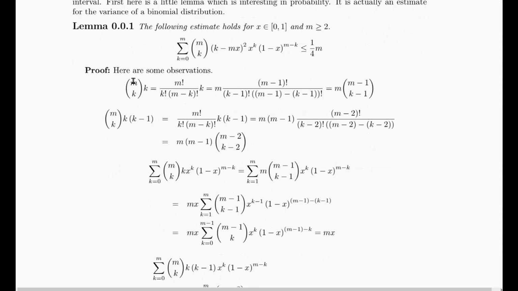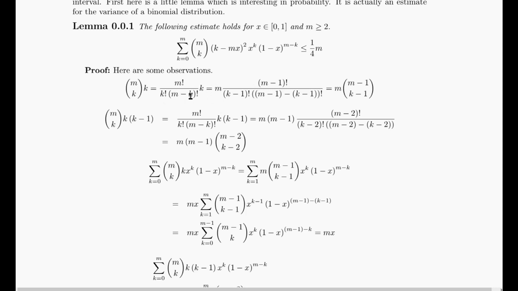First of all, if I take m over k times k, it's m factorial over k factorial times this times k. This thing is, of course, the binomial coefficient. So I have the m out here. I'm going to take the top m from the m factorial, bring it out, and write m minus 1 factorial. Then that k cancels with the top k here, and that gives me k minus 1 factorial.